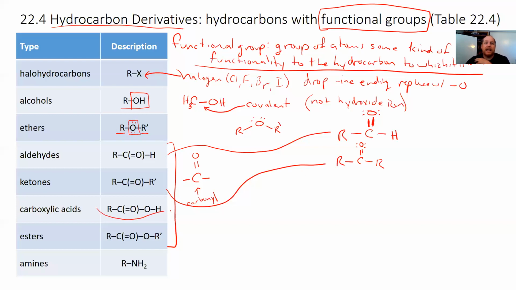When you have a carboxylic acid, now you have an R, some sort of organic part, bonded to a carbonyl, and on the other side of the carbonyl is an OH. This one is an acid because now you have the C double bond O, and that oxygen is electron withdrawing, pulling electrons away because it's electronegative.